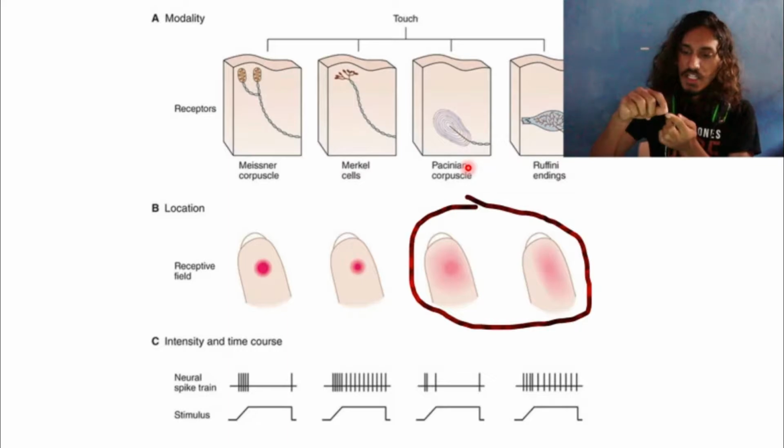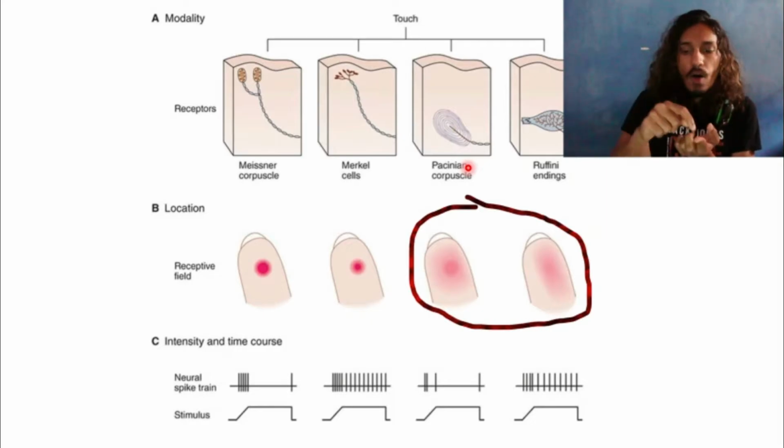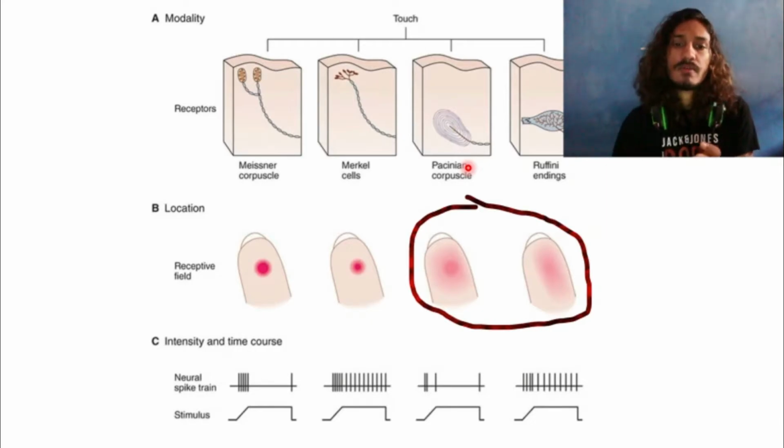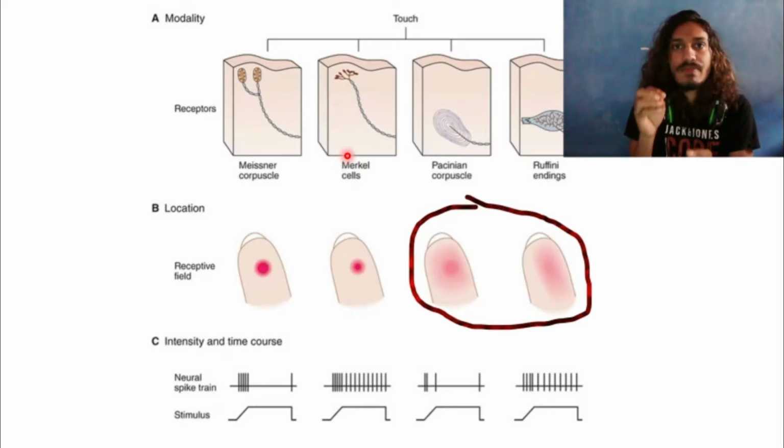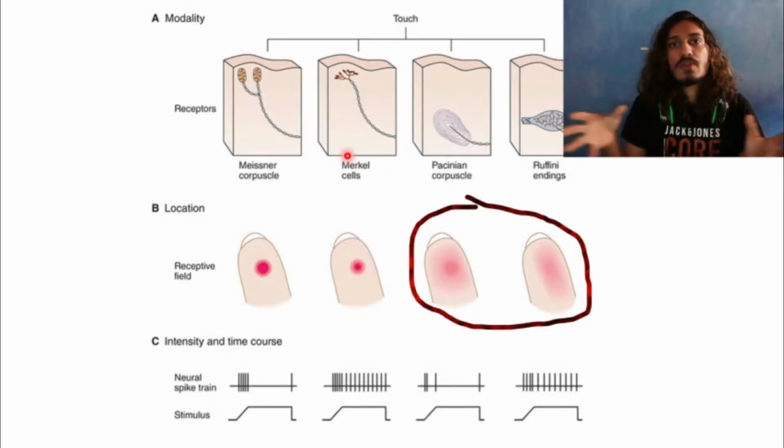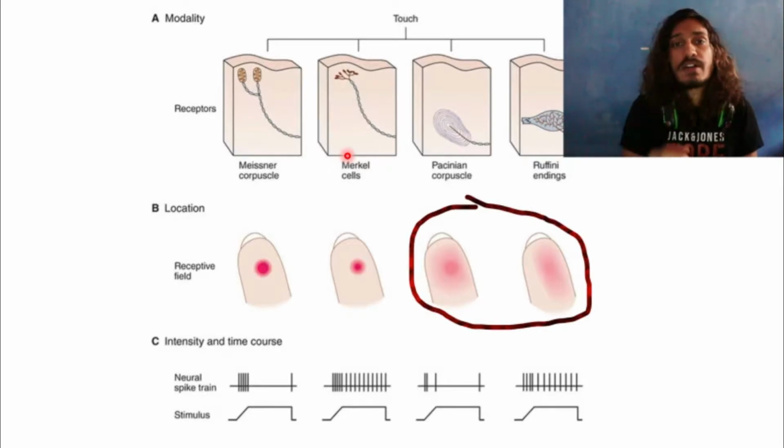If I touch here or here or here, it is one deep Pacinian corpuscle that is going to detect all that sensation. On the other hand, when you talk about Meissner's corpuscle or Merkel disc, say if I touch over here and over here, the difference between them will be felt. It will be felt as being touched from two different points. That is because of your Merkel cells.